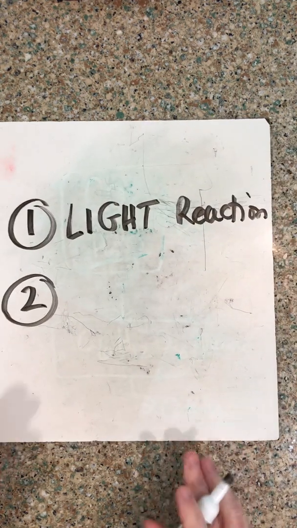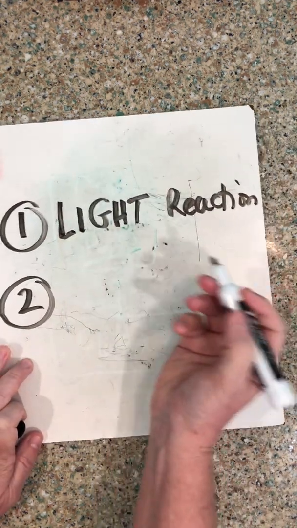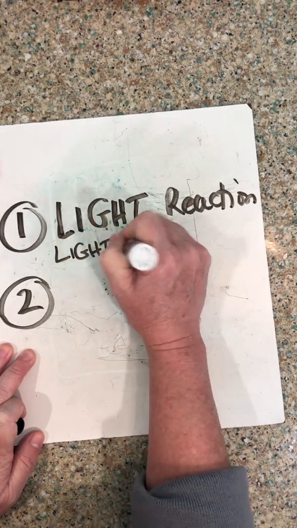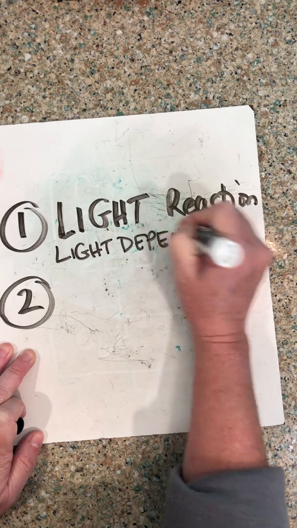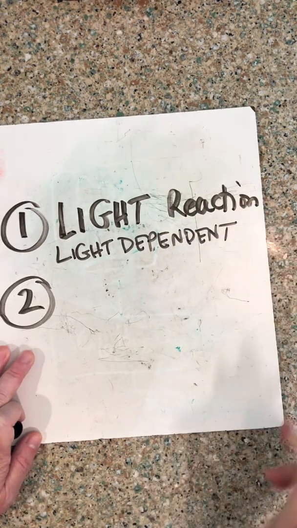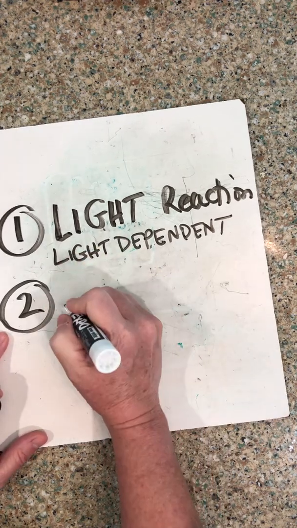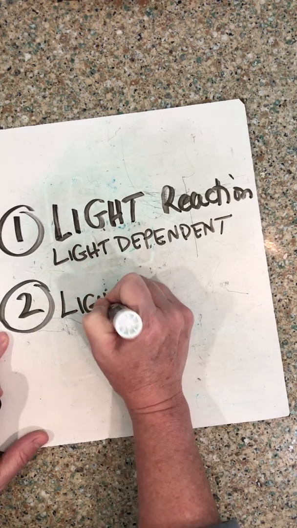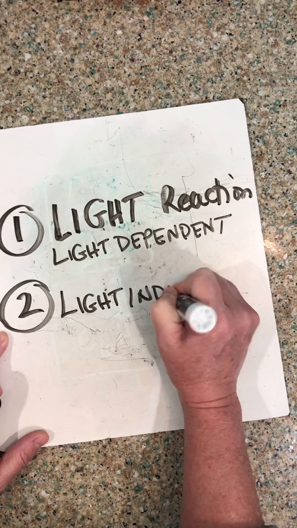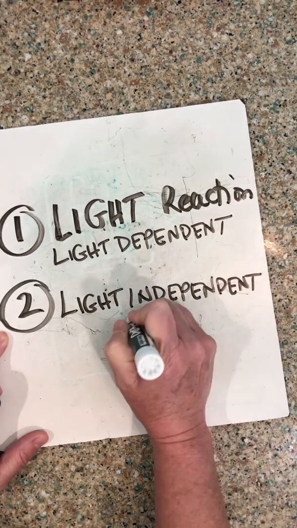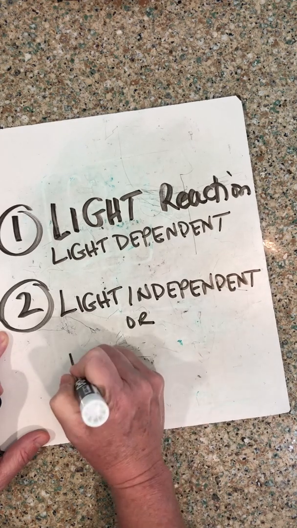Because science is annoying this way, it could be called the light dependent. Depends on light. And then step 2 is called the light independent. It, or the dark reaction.